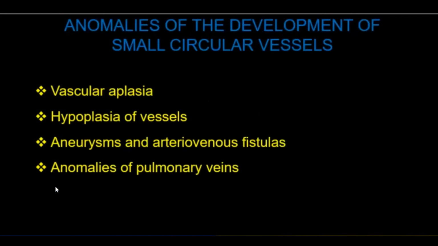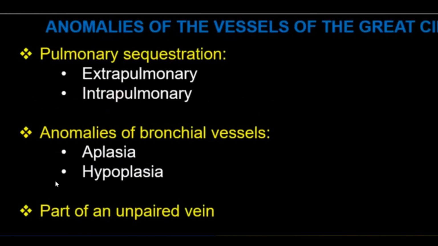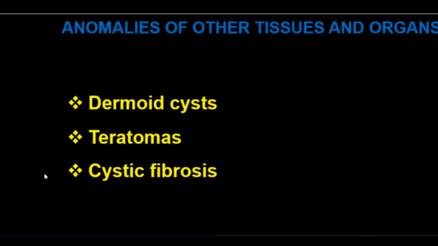And anomalies of the development of the small circular vessels: vascular aplasia, hypoplasia of vessels, aneurysm and arteriovenous fistulas, and anomalies of the pulmonary vein. Very important in disorders of breathing are anomalies of the vessels of the great circulation: pulmonary sequestration, anomalies of bronchial vessels, and part of an unpaired vein.